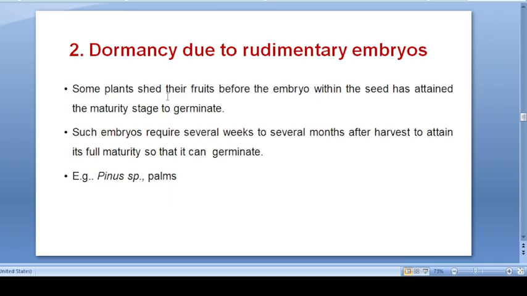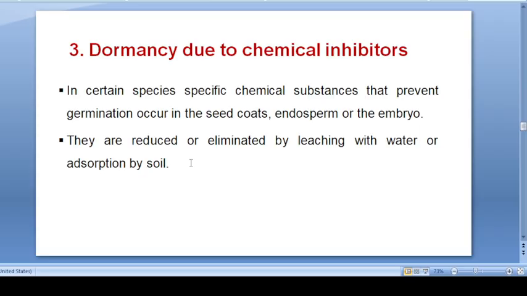Suppose we harvest the fruit before ripening, or the fruit naturally falls from the tree before maturity, that leads to this dormancy, that is, dormancy because of underdeveloped embryos. Most of the palms possess this kind of dormancy.